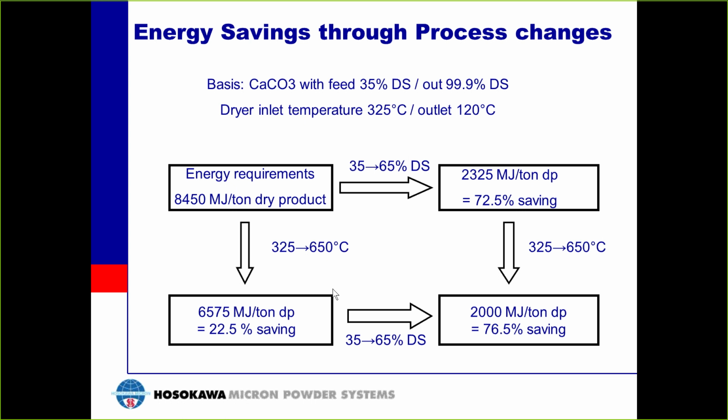Now you can change certain parameters to decrease this energy requirement. The easiest one is going to be to increase the percent solids in your feed. So just by going from 35 to 65% solids, you can use much less energy and see significant savings. Now, often this is going to have to be done with another piece of equipment.